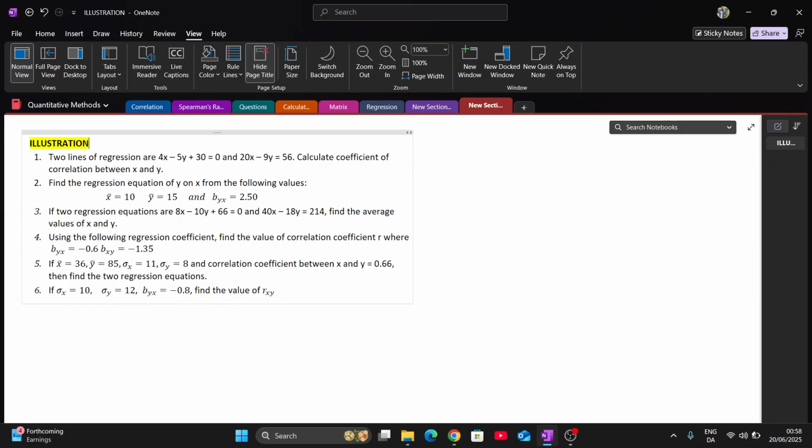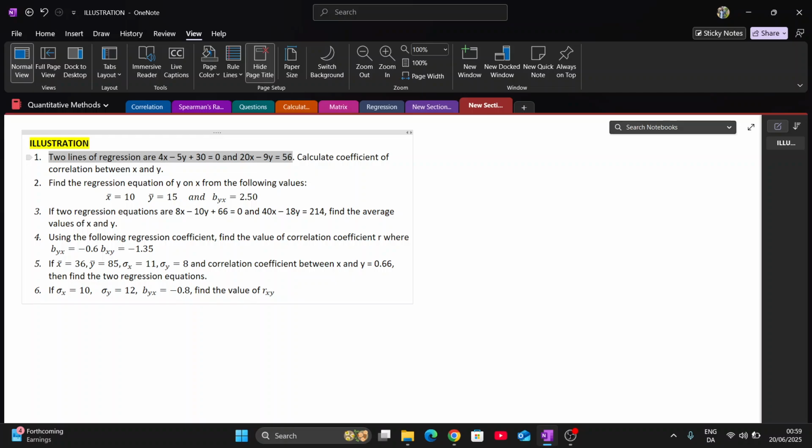Alright, so now let's apply what we learned in regression with some illustrative examples. So with the first one, two lines of regression are 4x minus 5y plus 30 is equal to 0, and 2x minus 9y is equal to 56.